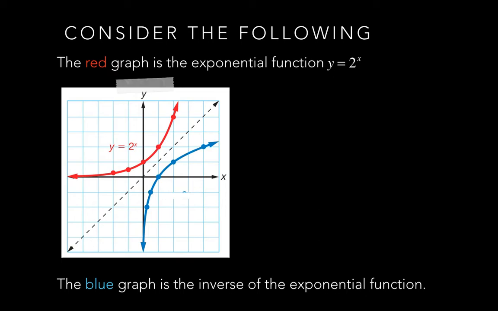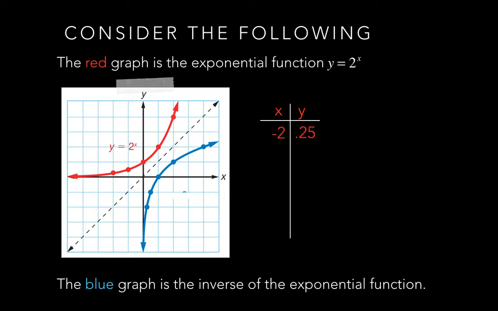What you see reflected across that dotted line is the inverse. The blue graph is the inverse of that particular exponential function. We've also studied inverses, so you'll see that they have that nice symmetry across that dashed line, and because they are inverses, we can compare their x and y values.